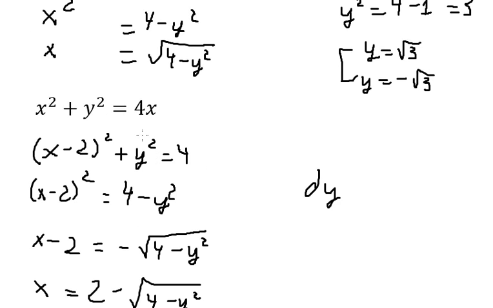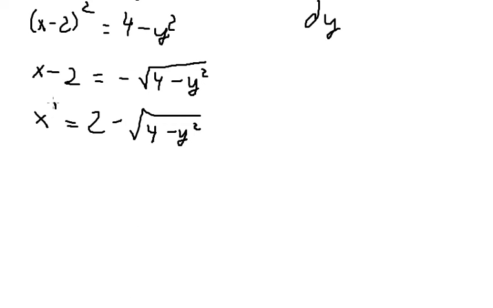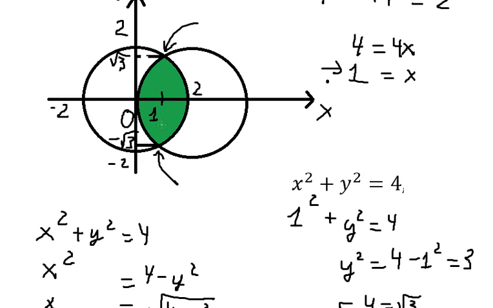And now we just finished transforming everything by x. Now we can use the integration from negative square root of 3 to the square root of 3.